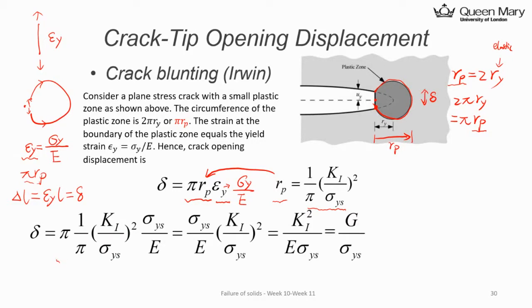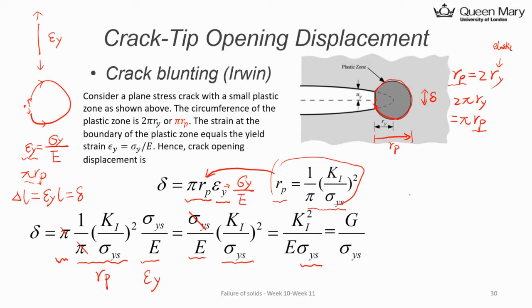The first term pi is there. This term is RP, which is here. And the final term is the strain, epsilon y. You can combine these by canceling some terms out, okay? Here I cancel the pi, and I take this part at the front and keep this form here. If we further reduce that, we cancel this sigma ys, and we have one sigma ys left.